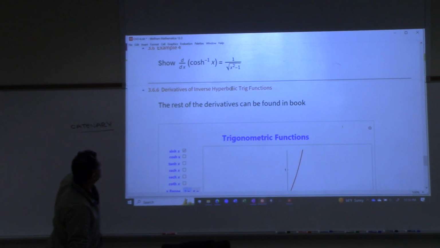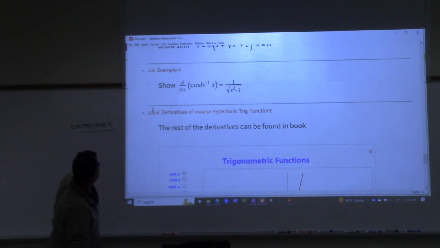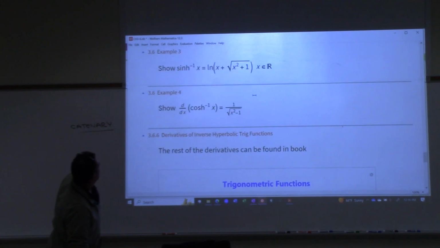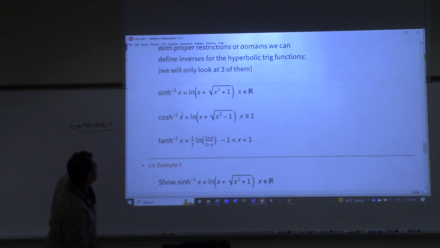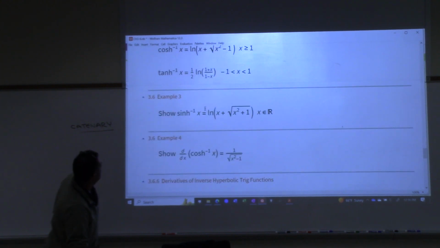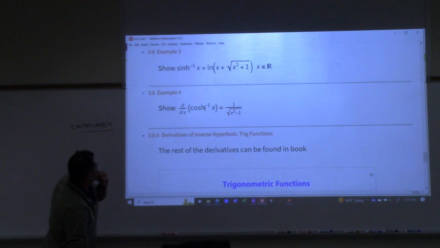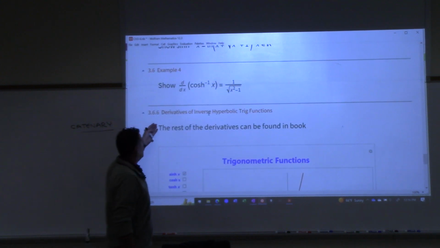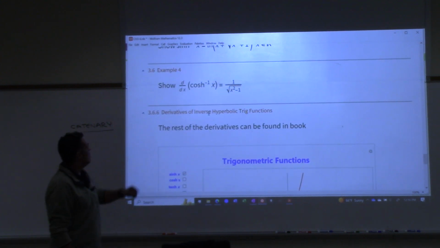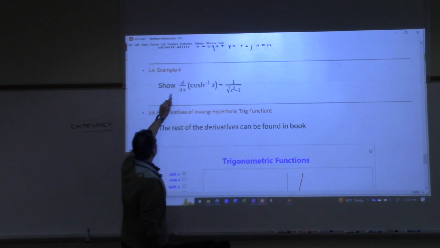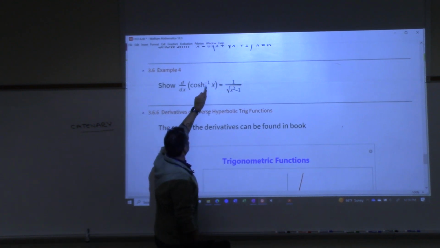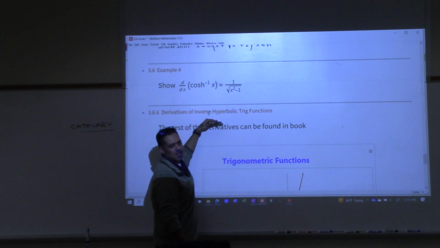Example 4 is inverse hyperbolic. No, it's not this. This is the definition of the inverse functions, what they're defined to be. It's supposed to be this note right here, because it says the rest can be found in the book. Oh, wait, hold on. Here it is. I show the derivative of the inverse hyperbolic is this, and then I say the rest of them are in the book.